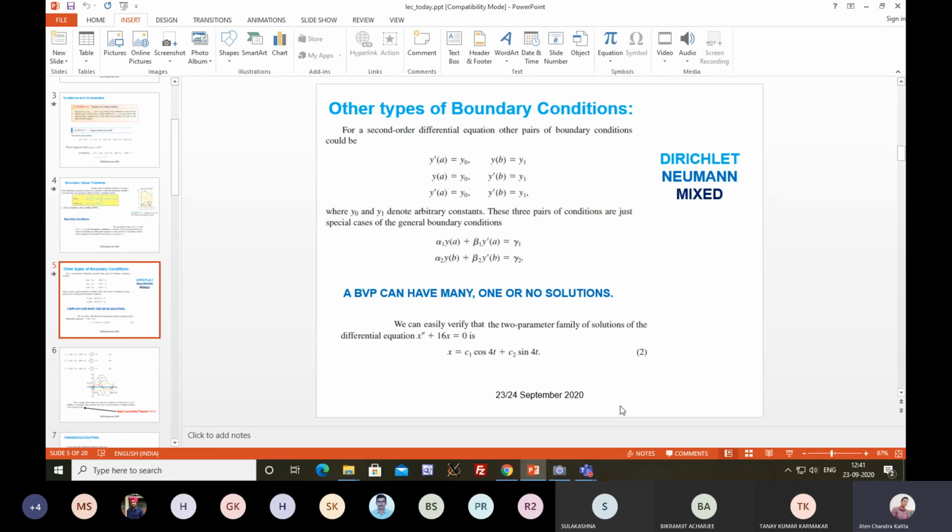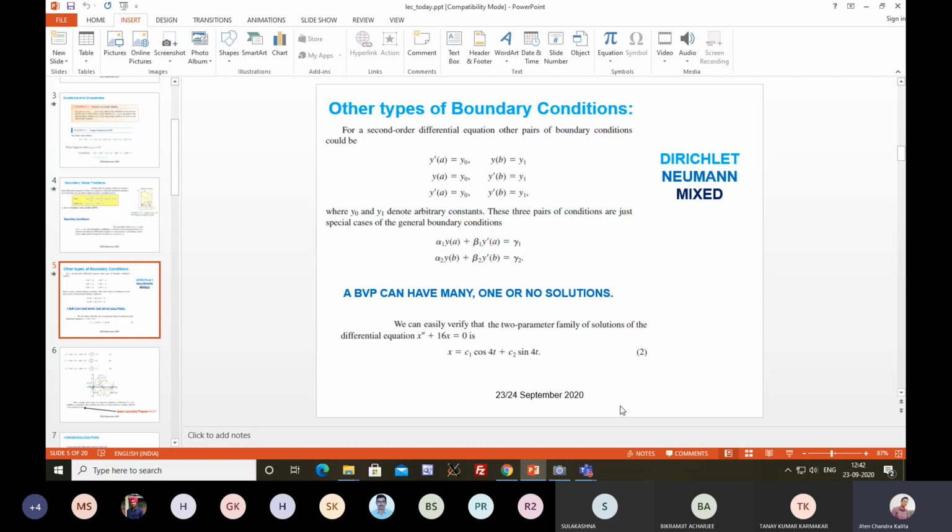Can you see that? Can you find me the solution of that? Oh, it is already given, so it is even easier for you.